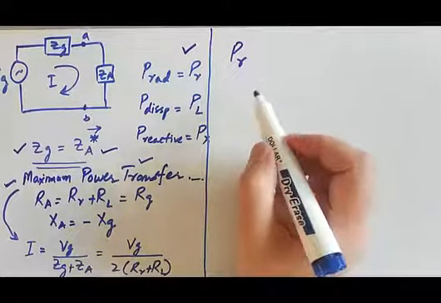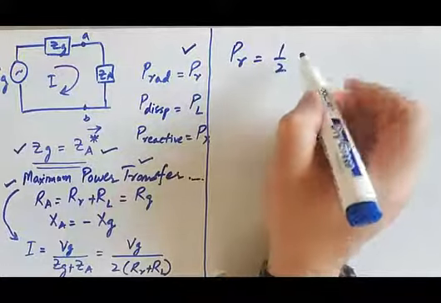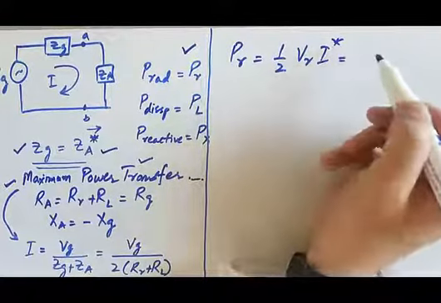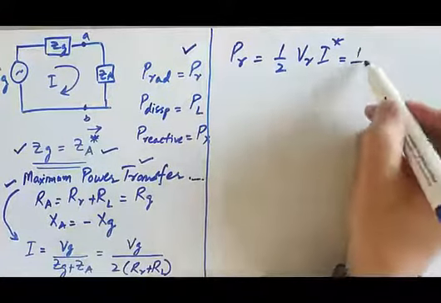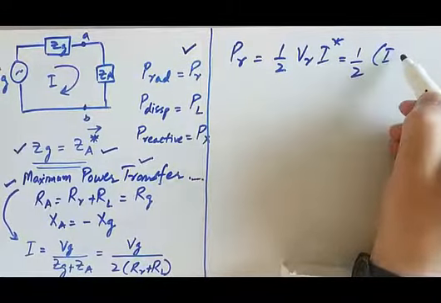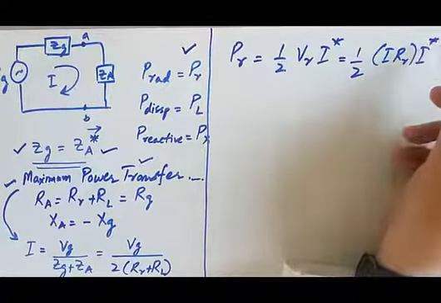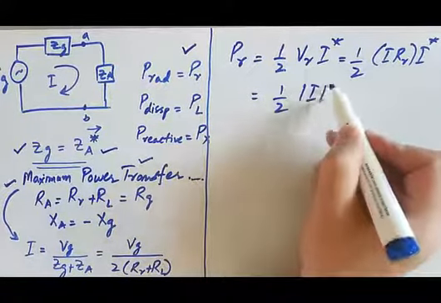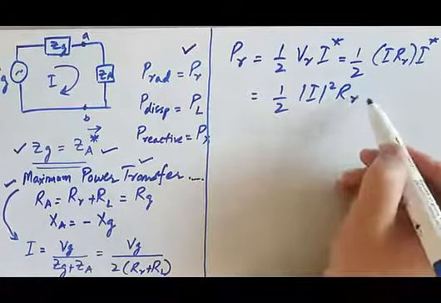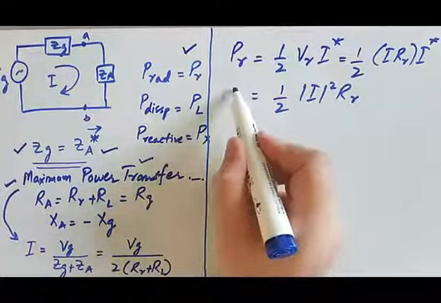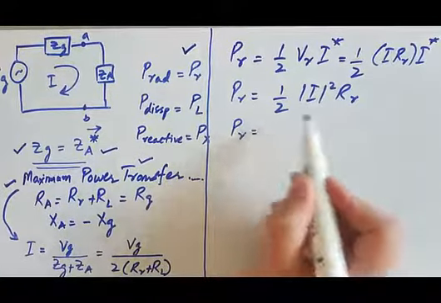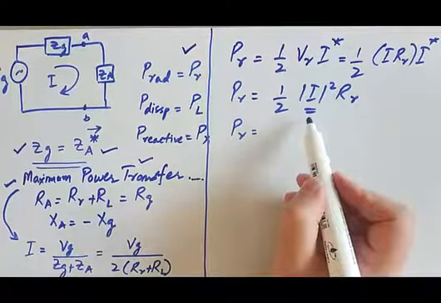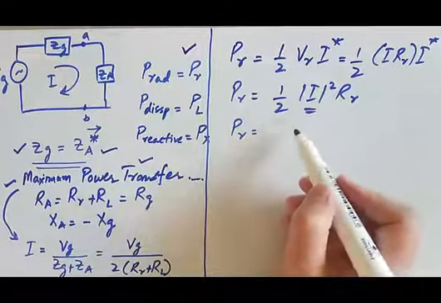So PR is again equal to half V_R I static, which is half I R_R I static, so it gives us half I magnitude square and R_R. And now you can easily find the equation, because in this case I is varied. I is not the same as it was before, so the magnitude has a different equation.